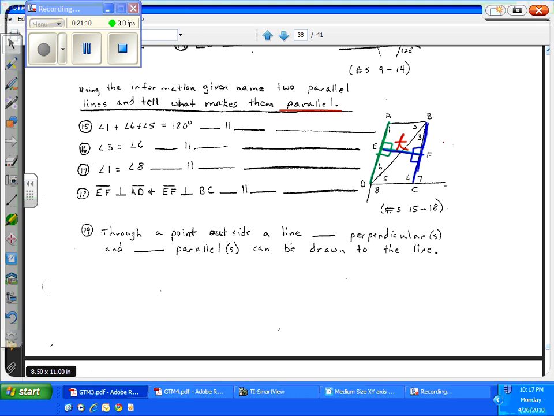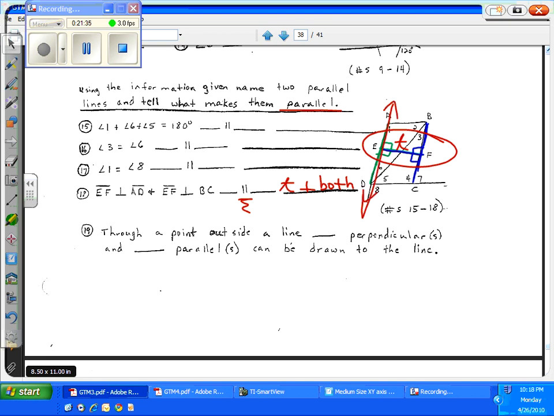And the fourth way was if a transversal is perpendicular to both lines, then we can conclude that they're parallel. Here we have transversal EF perpendicular to both lines. Therefore, we can conclude that the two lines are parallel because the transversal is perpendicular to both.